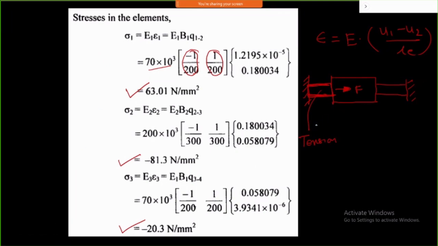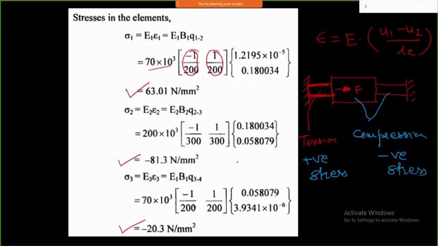This is under compression. This is also under compression. This is the compression part, and the tension part should result in a positive stress value, and the compression parts should result in a negative stress value. I think you can observe here. Element 1 has a positive 63 Newton value.